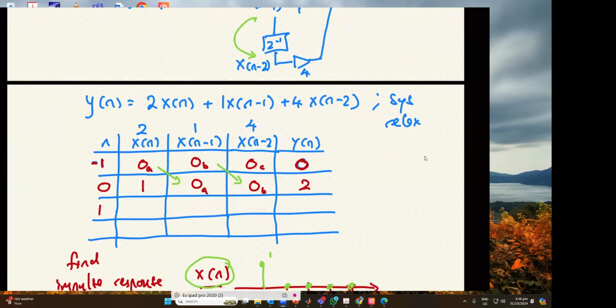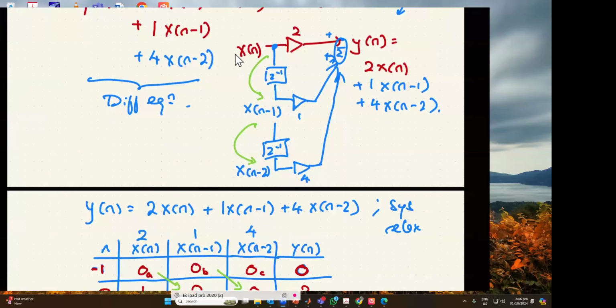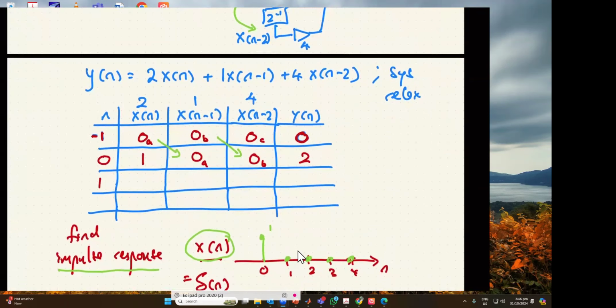So now, time 1. What else am I going to draw, guys? What is the most interesting thing that's going to happen now? The new xn is 0 at time 1. At time 1, n equals 1. Input xn is 0. So I'm going to circle this guy. This orange guy is 0. Let's call him 0D.